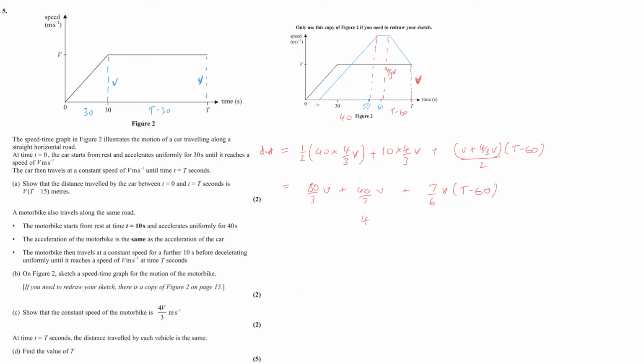So this is equal to 40v plus 7/6 v t minus 60. And this is the distance the motorbike travelled.